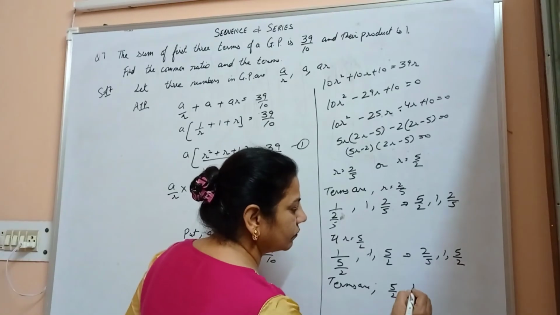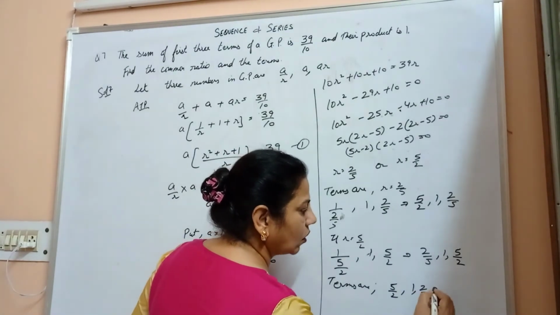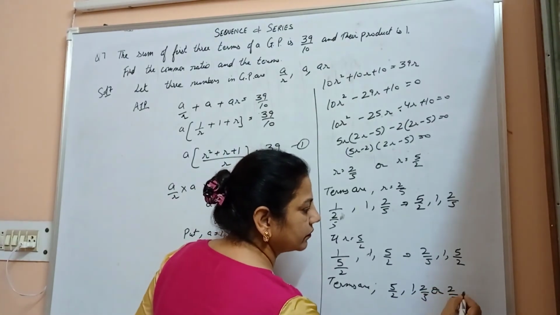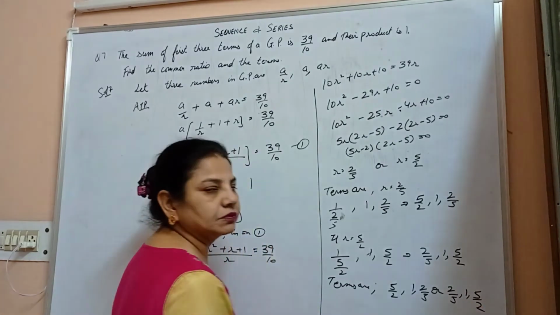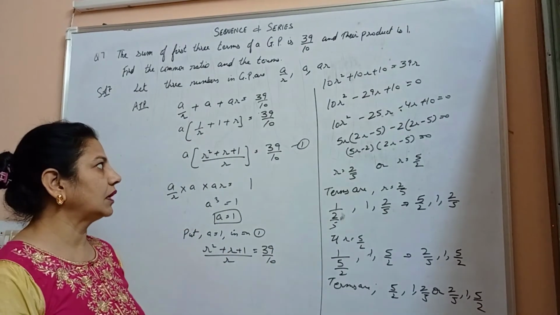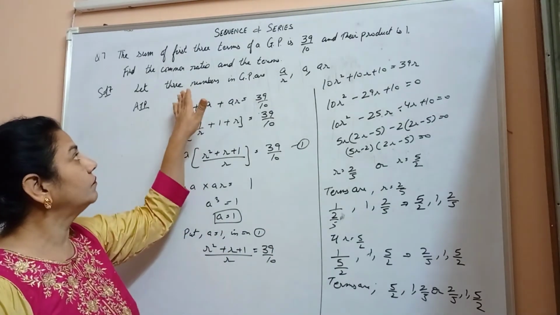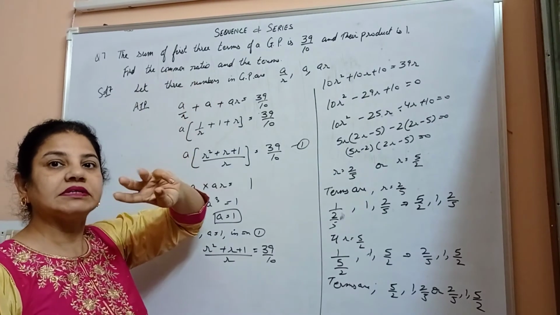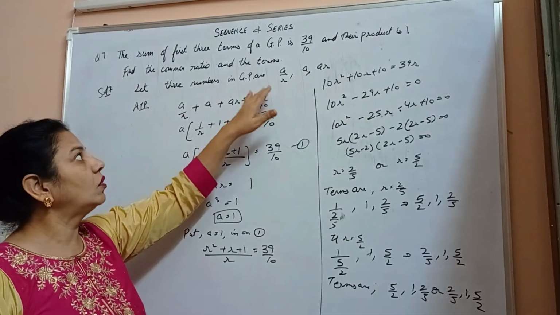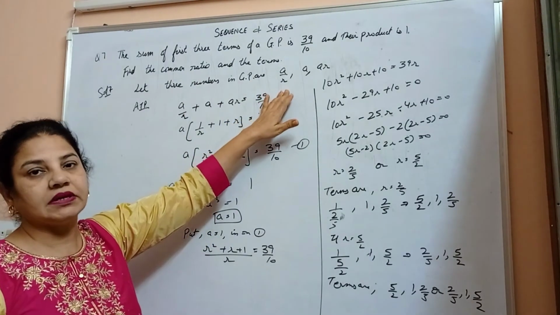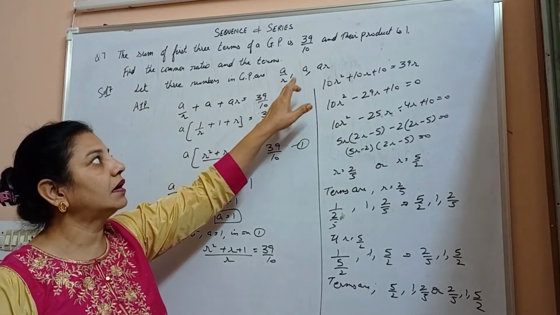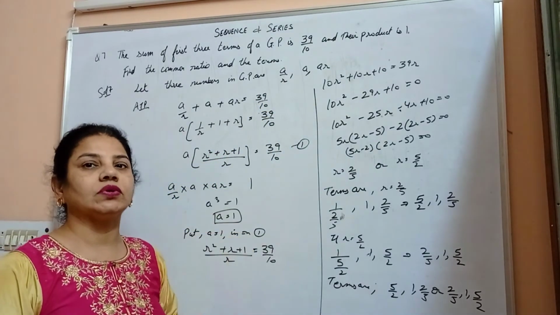This is how you have to calculate. If three numbers are given to you with their sum and product, you always take the GP numbers as A by R, A and AR, and then solve the question.